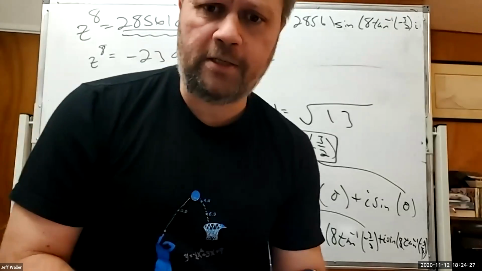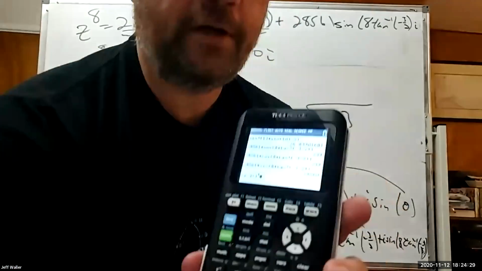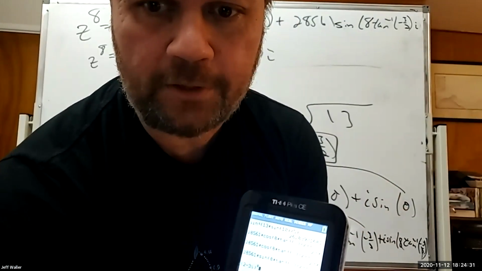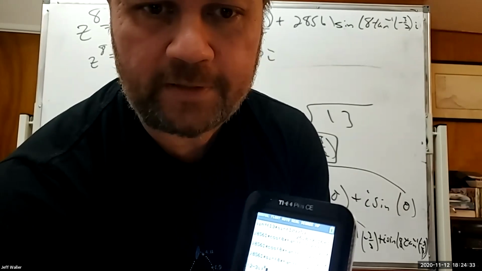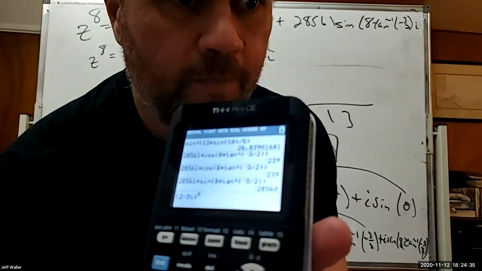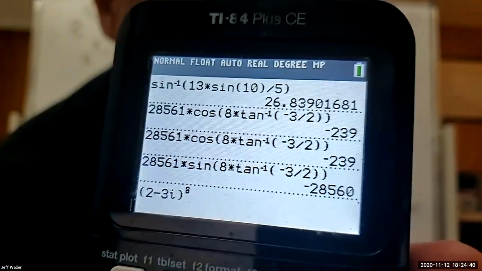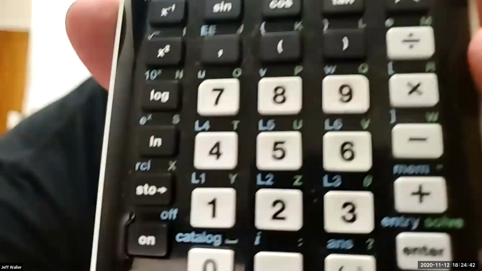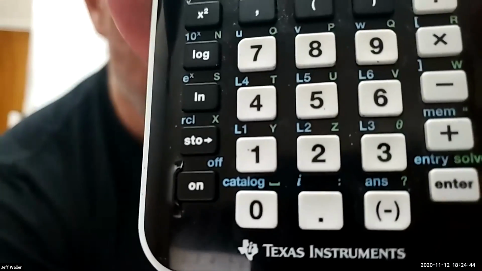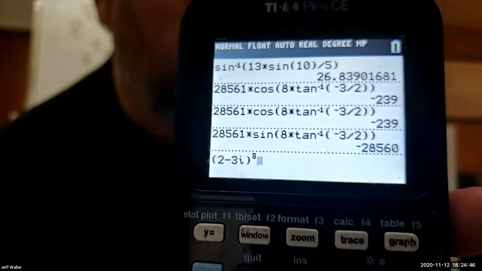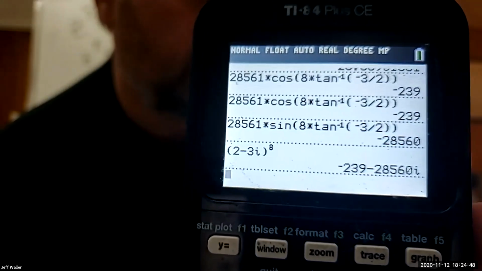You see an I. So you could put 2 minus 3i to the 8th power in there using that I that's above the period, and if you do that, you get the same thing we just got.